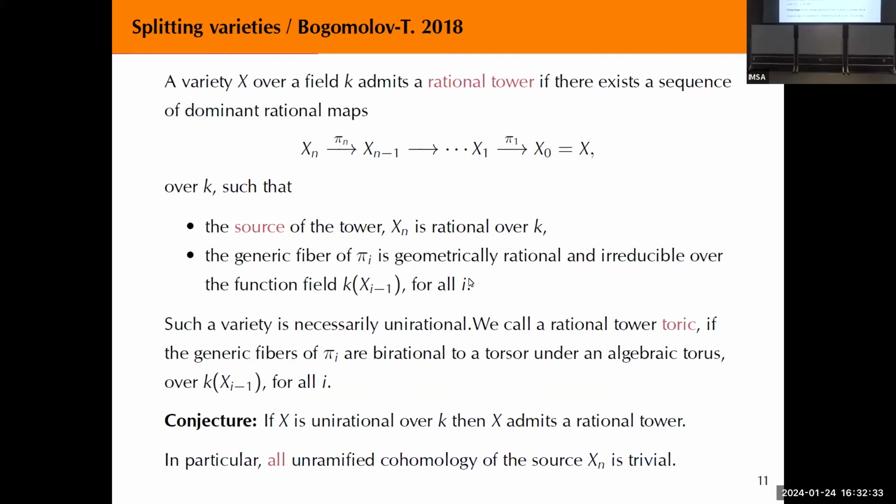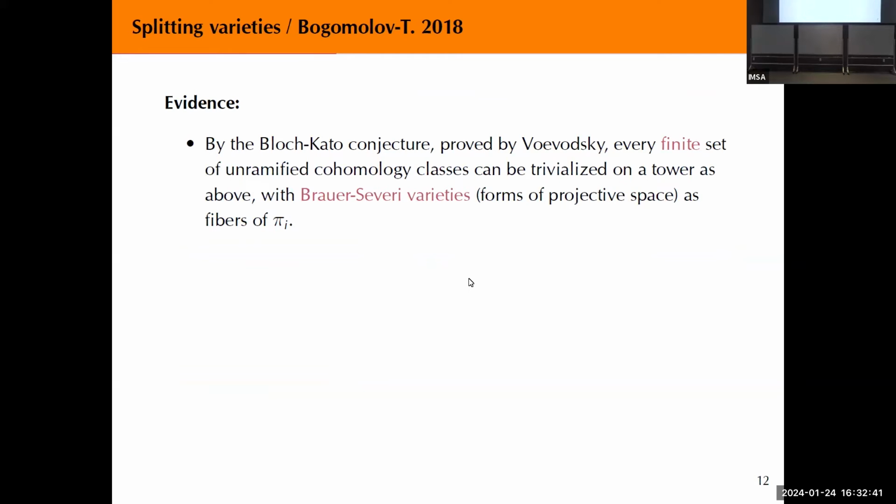Now, you want evidence. Well, here, of course, all unramified cohomology upstairs is trivial. And what's the evidence? Well, let's start with killing one class. So we start with one particular non-trivial class alpha in one H^i. Then it turns out that the Voevodsky conjecture proved by Grabowski implies that you can indeed kill that class, in fact any finite set of such classes, on such a tower, where the generic fibers are forms of projective space, Brauer-Severi varieties.